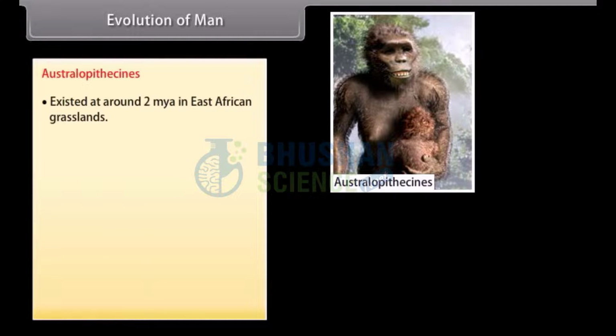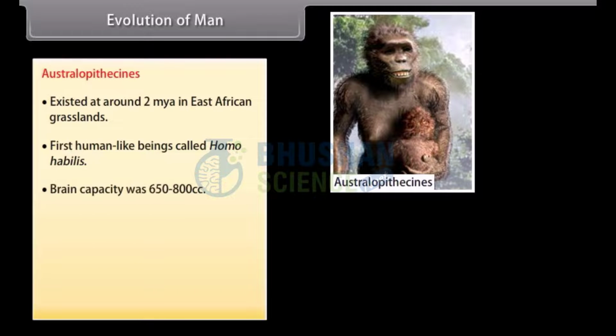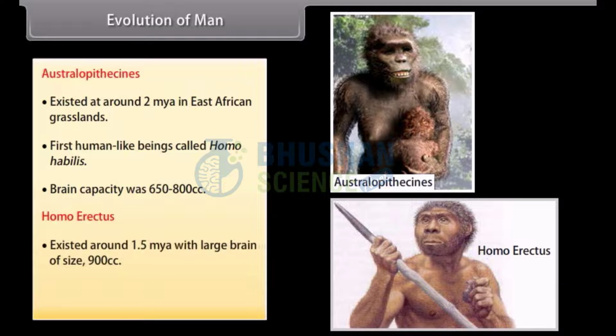Australopithecines existed around 2 million years ago in the East African grasslands. First human-like beings, called Homo habilis. Brain capacity was 650 to 800 cc. Homo erectus existed around 1.5 million years ago with a large brain of size 900 cc.